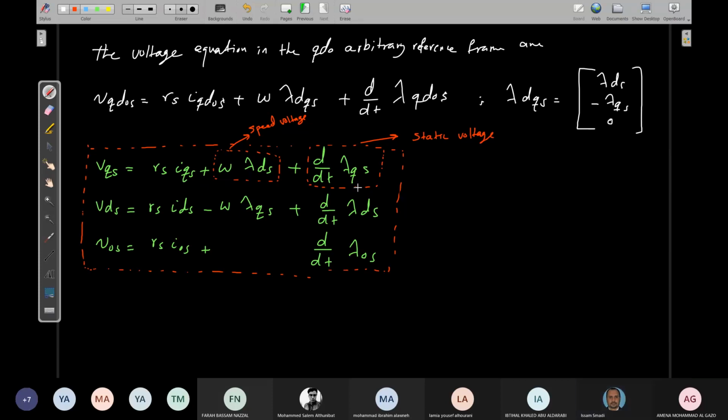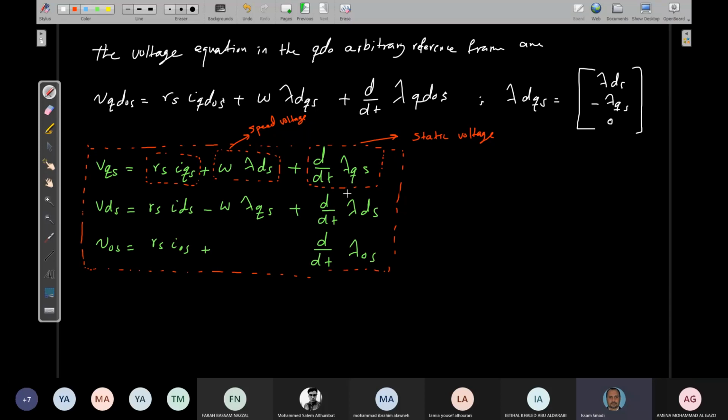So now the transformation provides a useful description for the voltage equation. Each term has a meaning now. The first one here, although it's shared with the ABC, is the drop voltage across the resistance, but this one in the ABC you cannot see, but here you can see. This is a voltage due to rotation. This is a voltage due to static coupling.